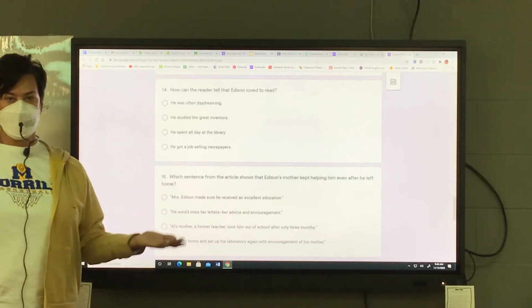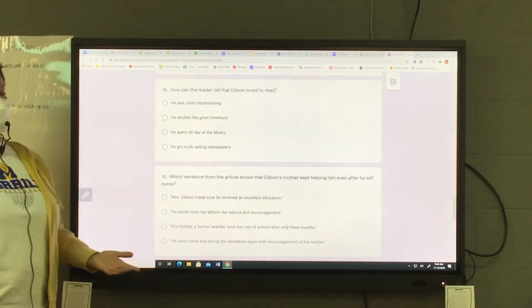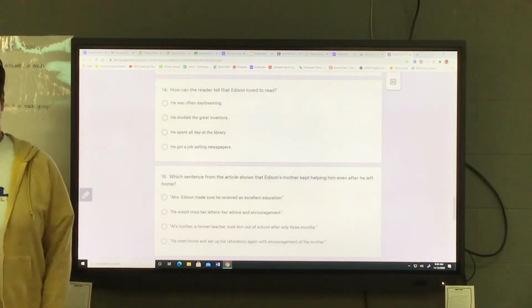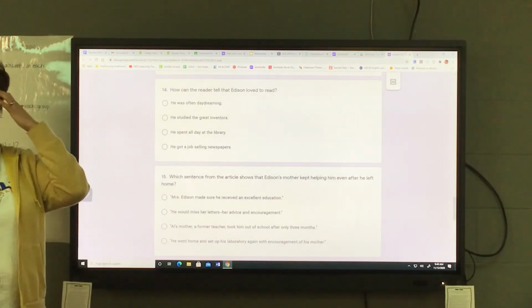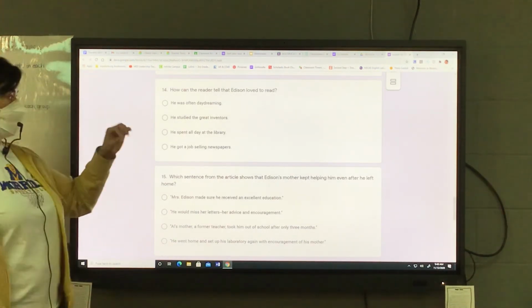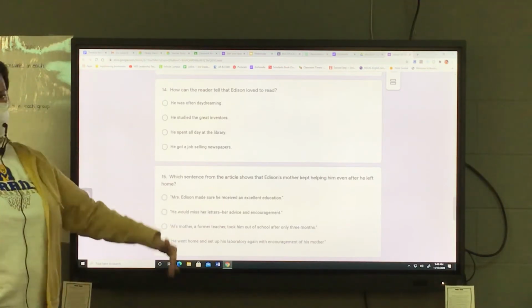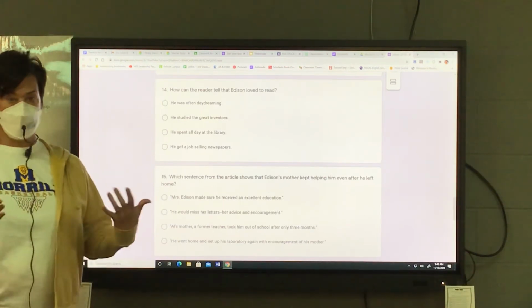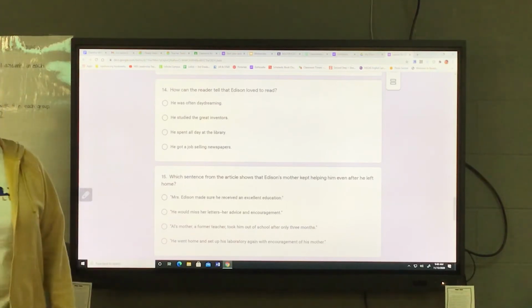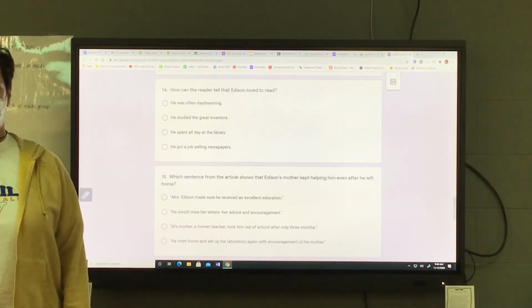How can the reader tell that Edison loved to read? Thinking back into the story, which one of these tells us from what he did in the story that he loved to read?